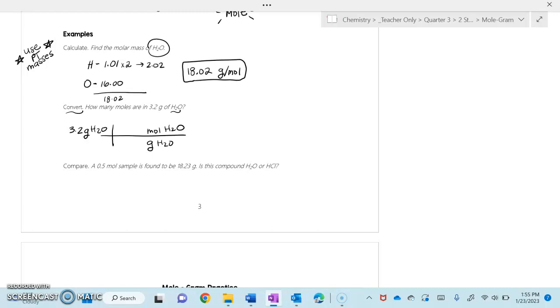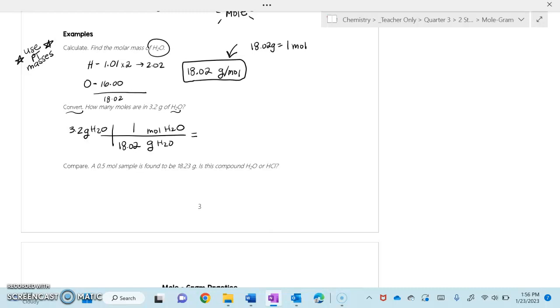And what this is saying here when we see grams per mole, it's 18.02 grams equals 1 mole of water, okay? So whenever you see the slash moles, that's implying 1 mole if you're writing it in conversion factor form. So it will be 1 mole is 18.02 grams. And now we can do a quick division problem to convert.